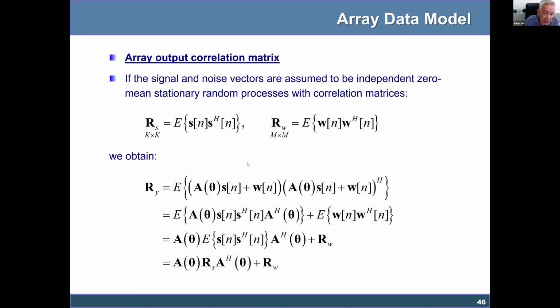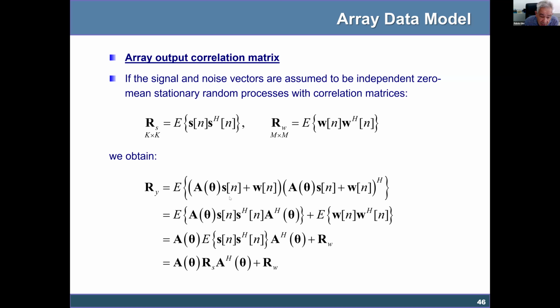Now, because the signal is signal of interest plus disturbance, and because the signal of interest and disturbance are always independent, they are also uncorrelated. So it means that the cross correlation between the signal and disturbance W is 0. And so if you calculate explicitly the spatial correlation matrix of the output of the array, Ry, you have signal of interest plus disturbance that multiplies the same quantity Hermitian.